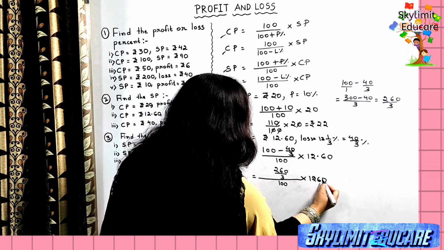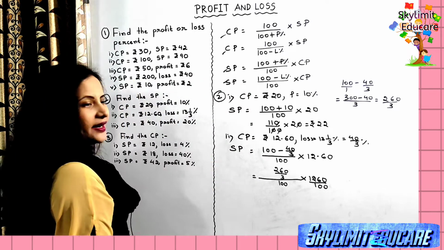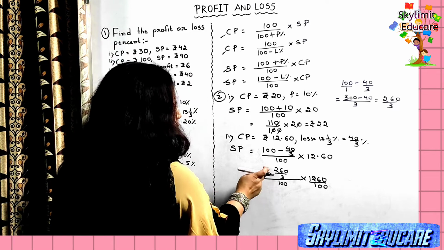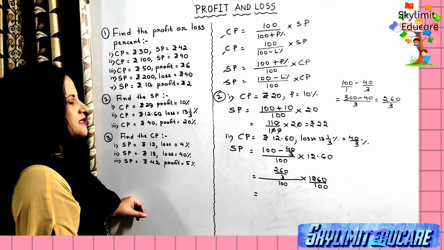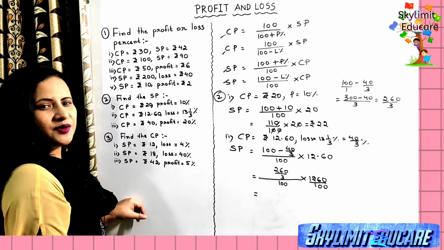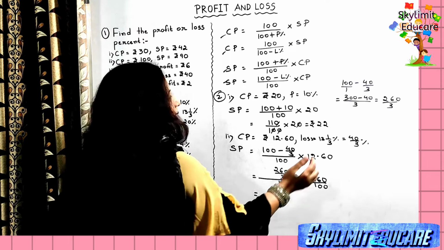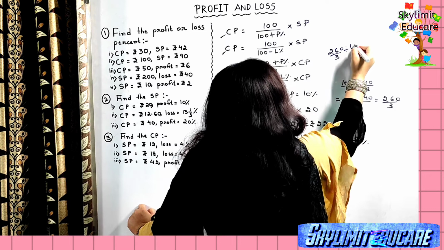12.60, which is the same as 1260 by 100. See how easily to solve it. Now what is the meaning of this? 260 by 3 by 100, again you have got a complex fraction here, students. We have dealt with this type of fraction in the previous classes, in the percentage chapter. So 260 by 3 by 100 is the same as 260 by 3 divided by 100.